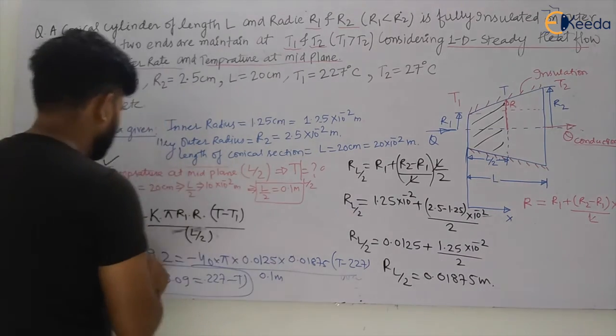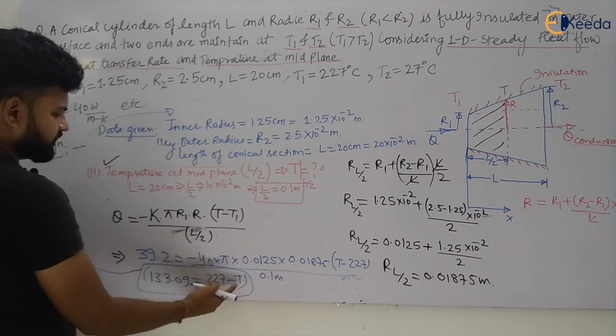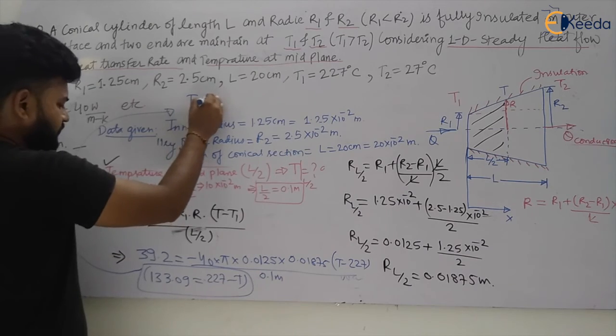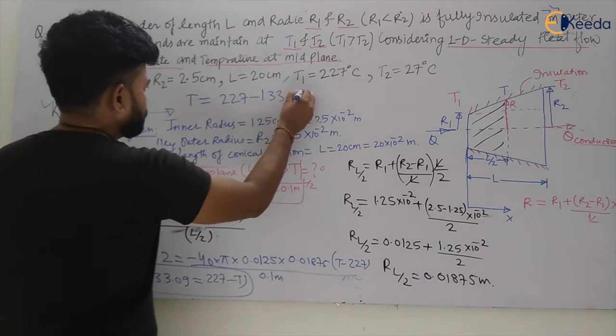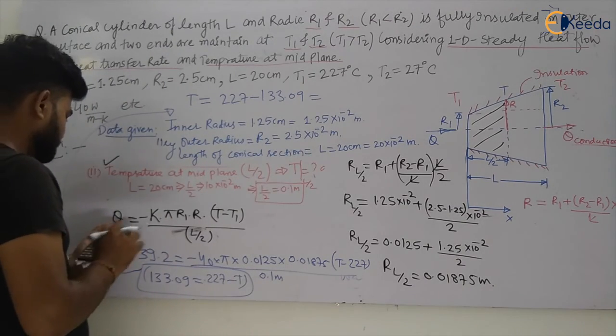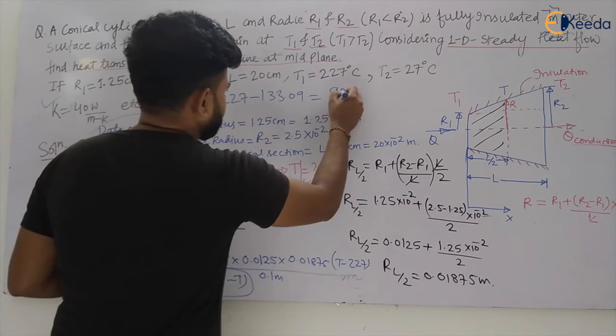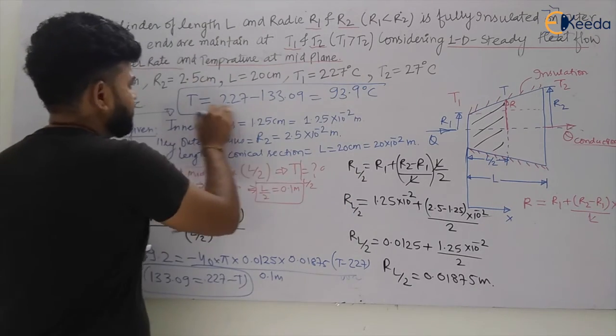So this term will go this side and this will go this side. So the temperature will become T is equal to 227 minus 133.09. So the temperature will be 93.90 degrees Celsius at the midplane.